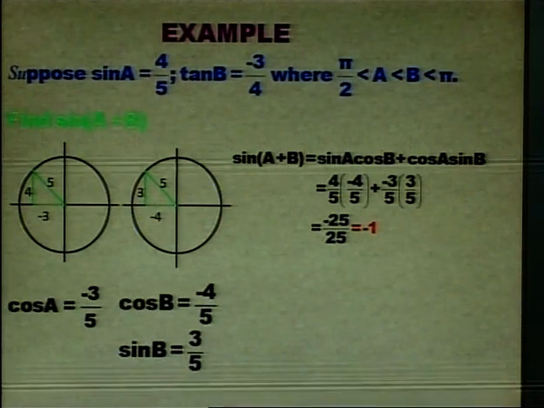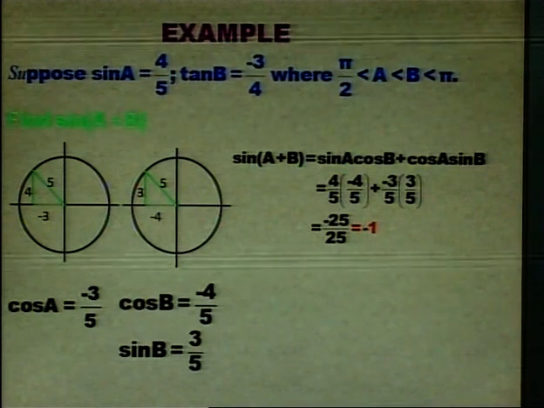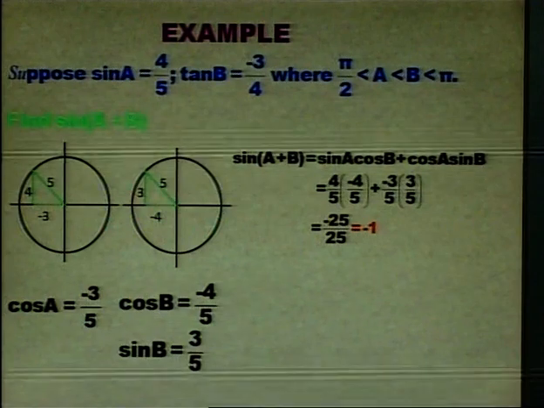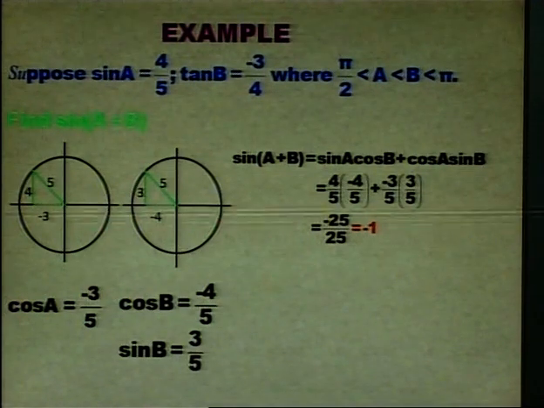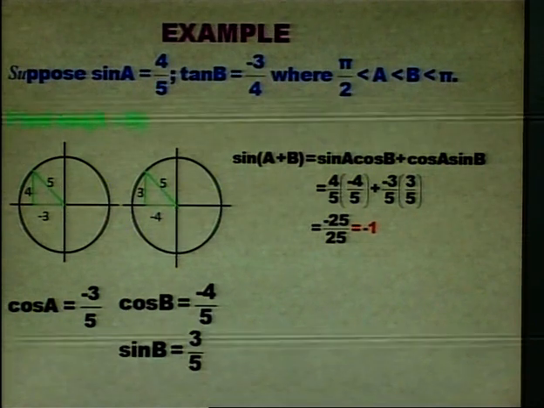Now, here you see A and B I am taking in second quadrant, because in second quadrant sine is positive and tangent is negative.